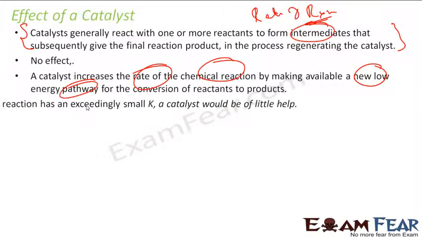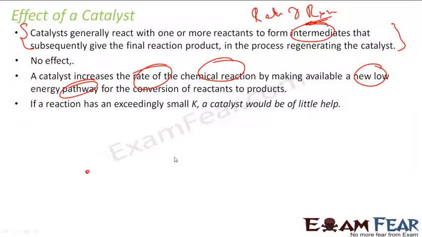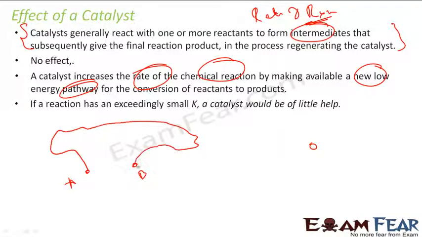For example, I'll tell you. Suppose you have to reach from point A to point B. The normal route you have is this route, and this is a 10 meter route.